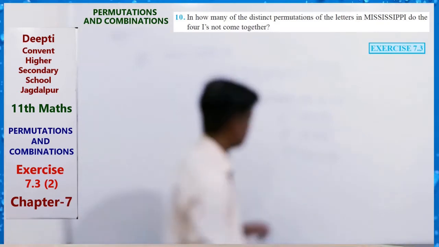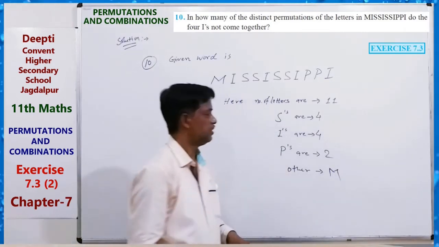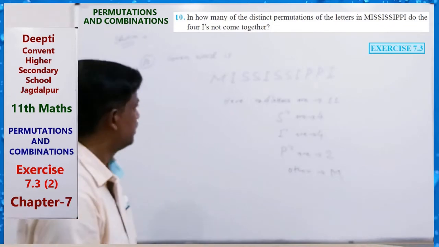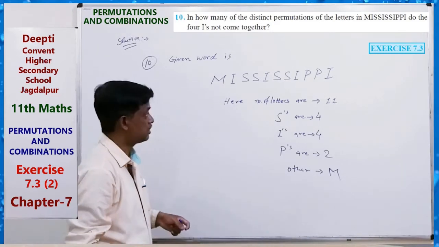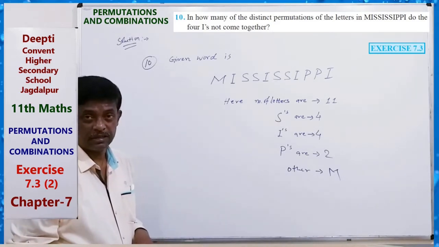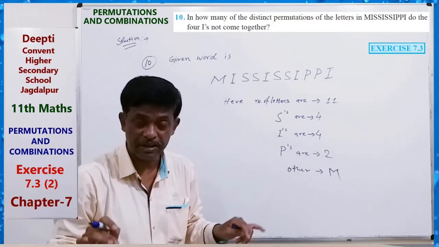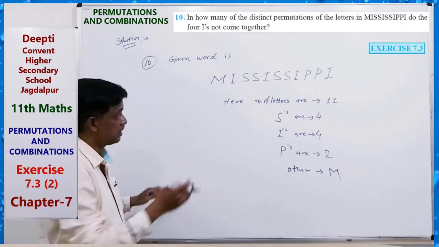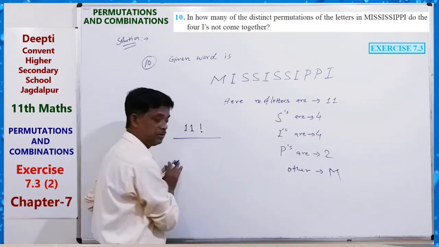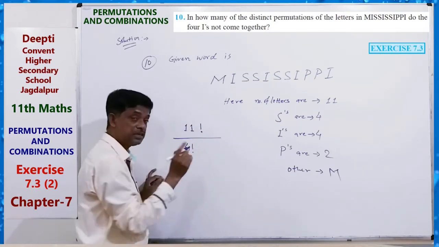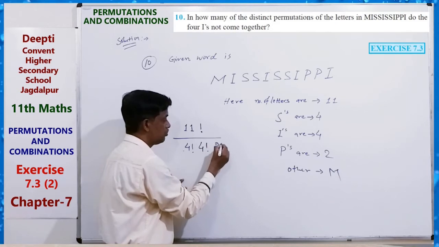We know the permutations of objects in which some objects are of the same kind is given by, there are 11, so 11 factorial upon 4 factorial into 4 factorial into 2 factorial.